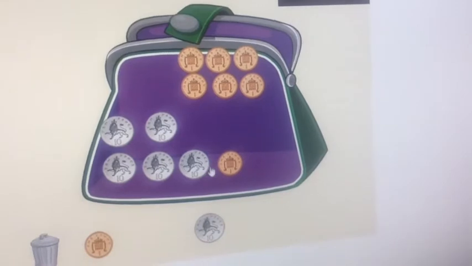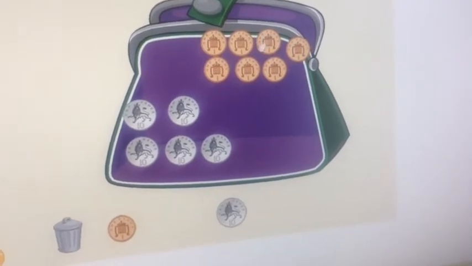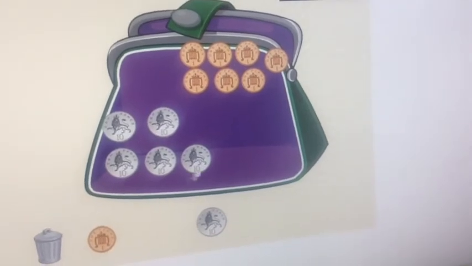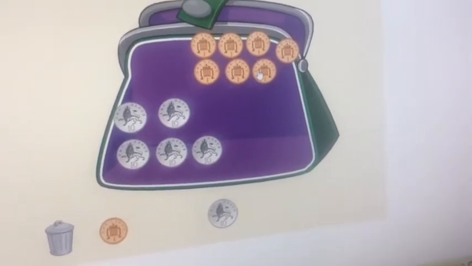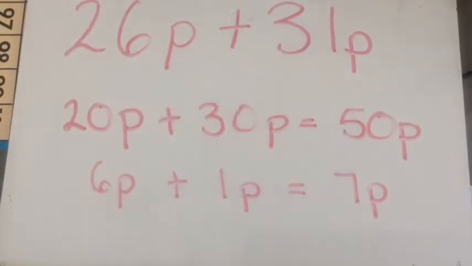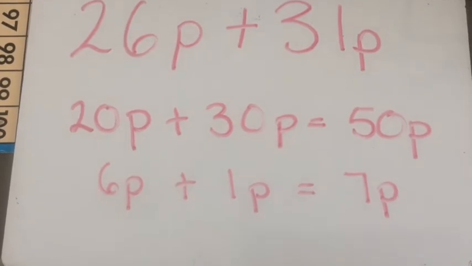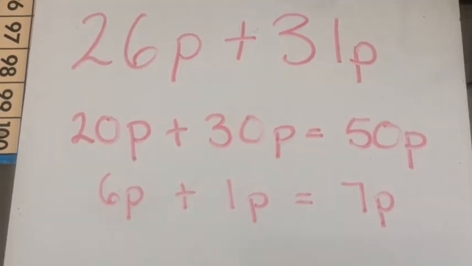Then I can add the ones. There were 6 up here, and that makes 7. So we've got 5 tens, 7 units. How much does Hudson spend altogether then? So here is what we did really. But what's the final answer?